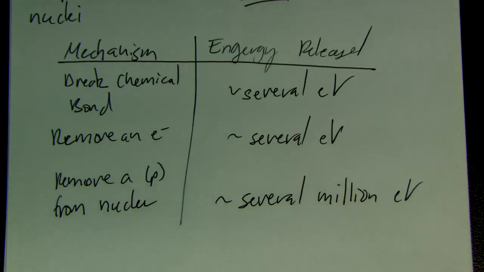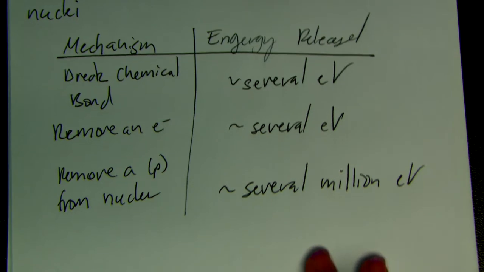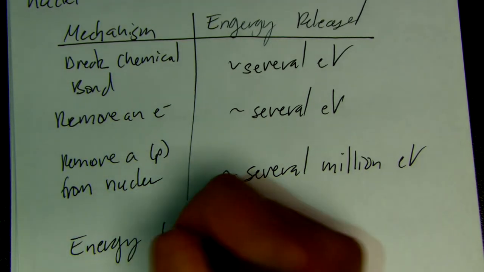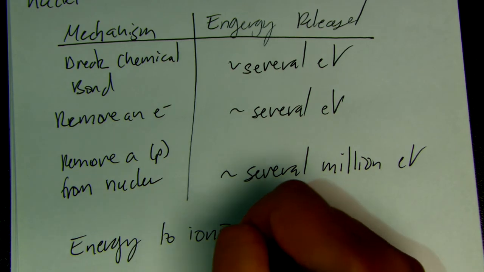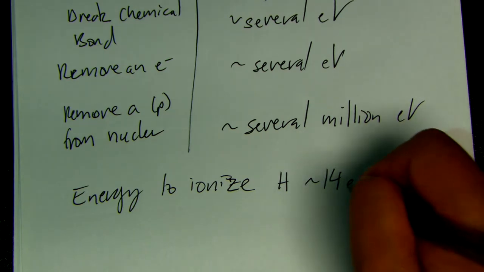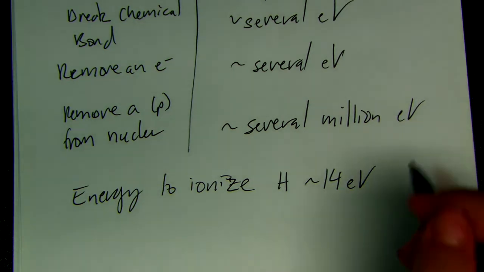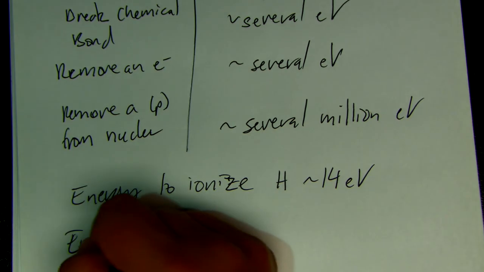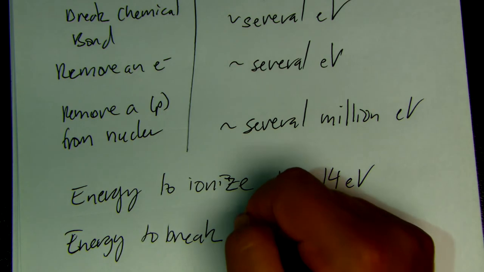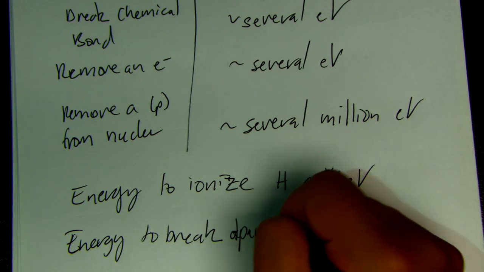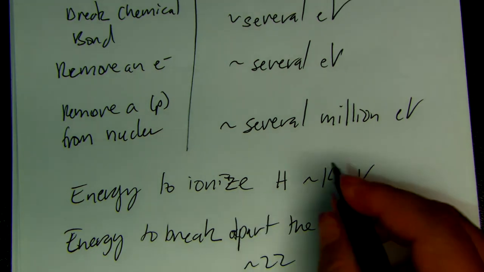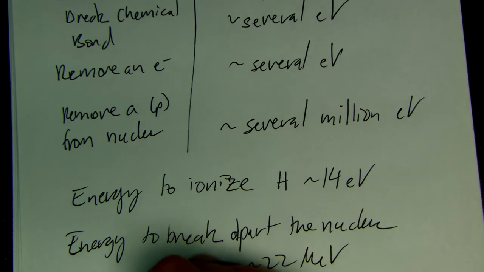That takes far too much energy. It's not something that happens very often. For example, the energy to ionize hydrogen is approximately 14 eV. We talked about this in chapter 8, by the way. And the energy to break apart a nucleus is approximately 2.2 MeV, and this is for deuterium.